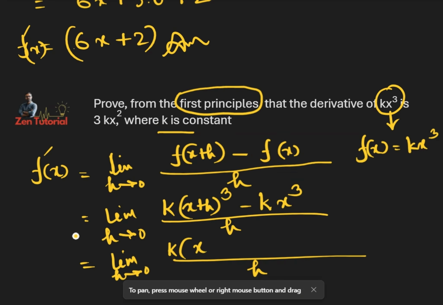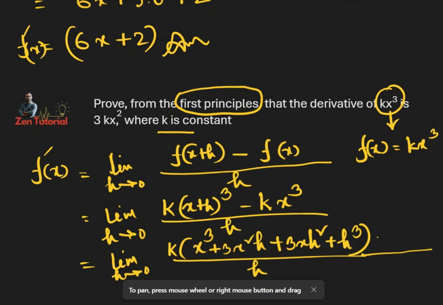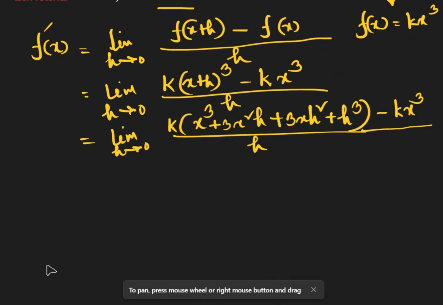So here will be x cube plus 3x square h plus 3x h square plus h cube, minus k of x cube, right? So here what we have to do is simplify the equation so that we can resolve the problem of h.